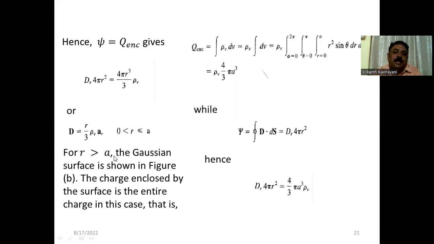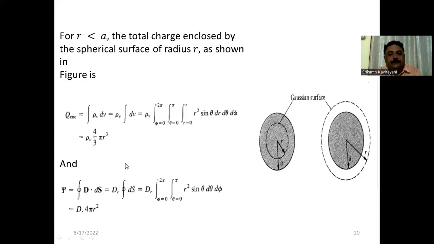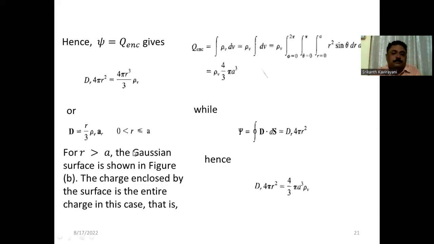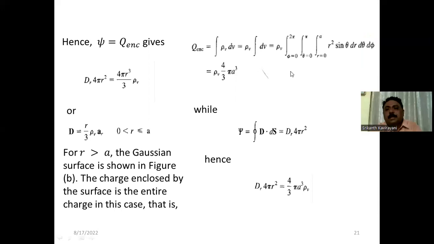So for r greater than a, the Gaussian surface as shown in the figure here can be evaluated, and the charge enclosed by the surface, the entire charge in this case, would be Q enclosed equal to the integral of rho v dv, equal to rho v into 4 by 3 pi a cube, while psi equal to the closed integral of D dot dS equal to Dr 4 pi r square.